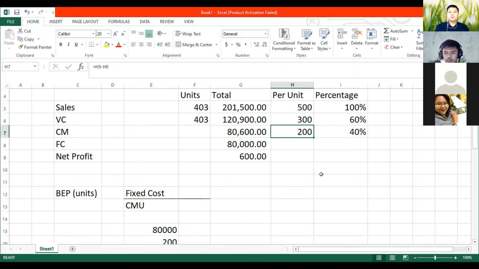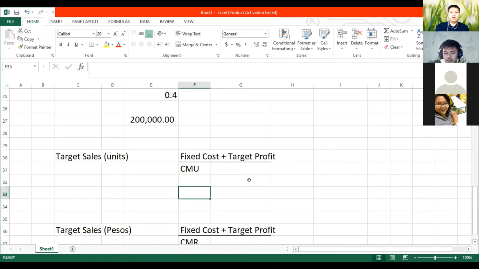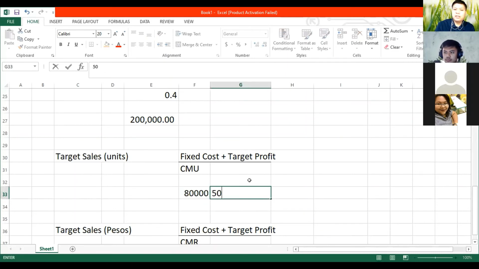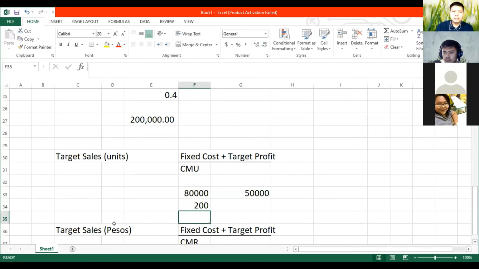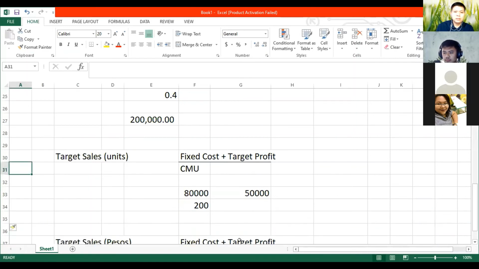Okay, so this is what? 80,000 plus a target profit of 50,000. What's your CMU ulit? Your CMU is 200. So tama ba? 80,000 plus 50,000 is 130,000. Correct?